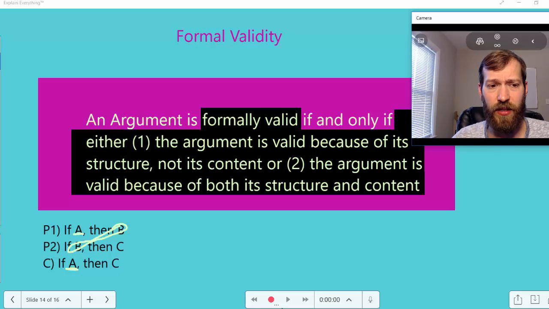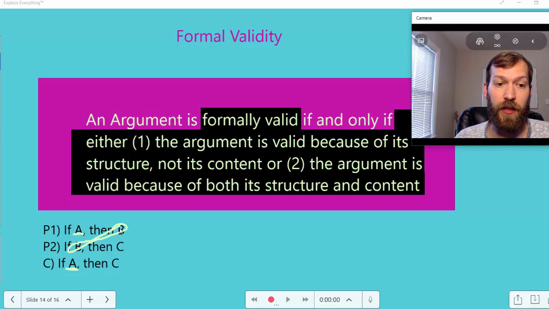And any combination, they don't really seem to bear upon one another all that much in terms of their truth. But that doesn't matter. If we substituted those in uniformly into that argument, we're going to end up with a valid argument. And that's because the structure itself is valid.